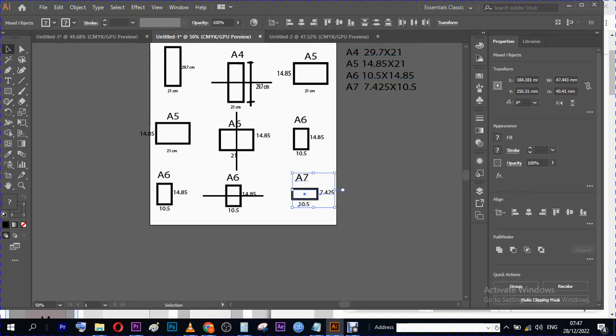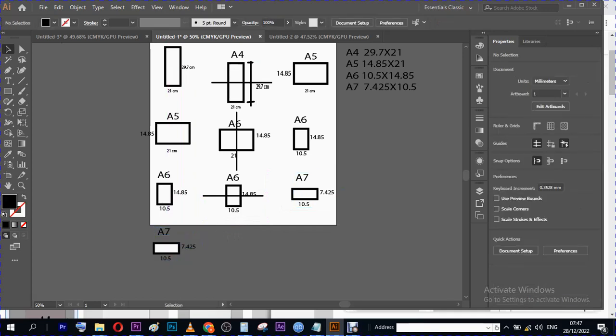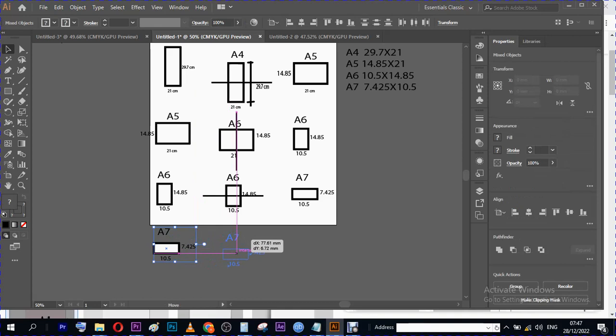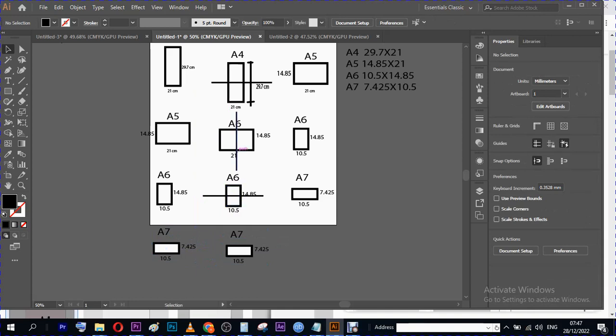Then our last paper size is an A8, towards the decreasing format. If we duplicate it and place it there, that is A7. With this A7, we drag it here to our division area, then we divide it in the middle.